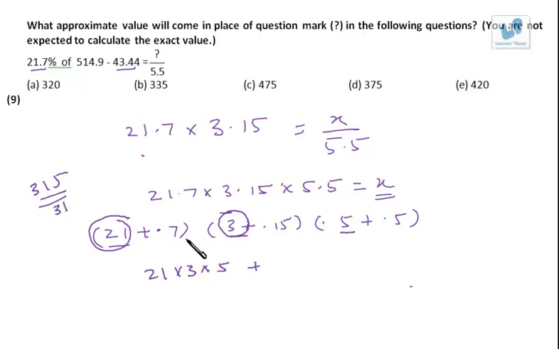Now the second term which gives impact is 3 into 5, which is 15, and 15 into 0.7 will be around 10.